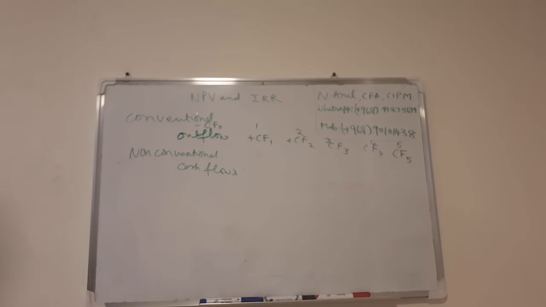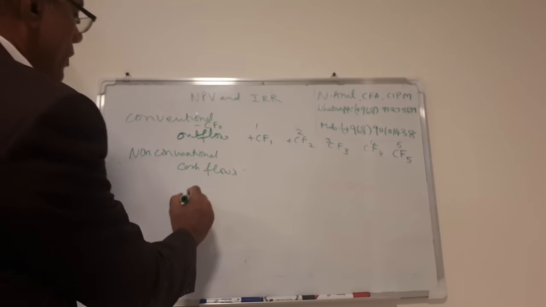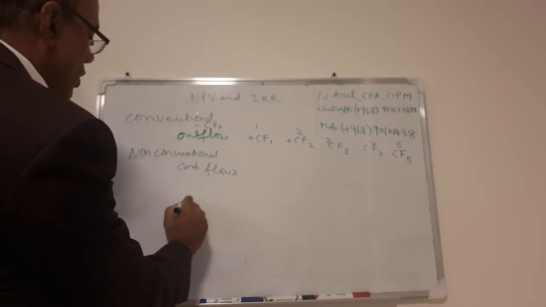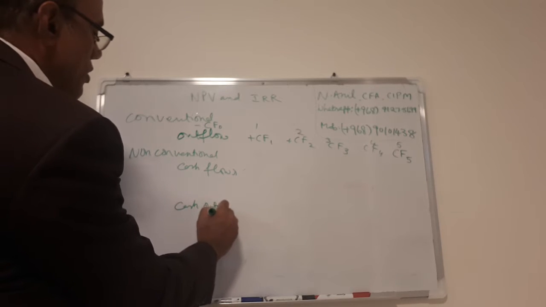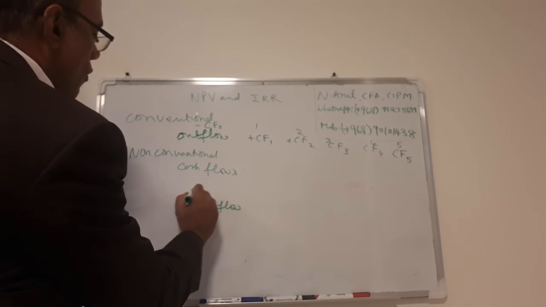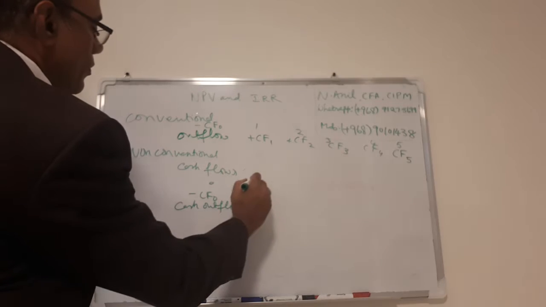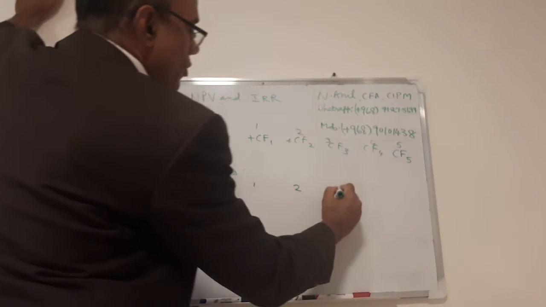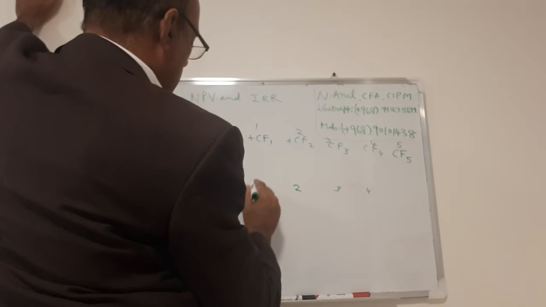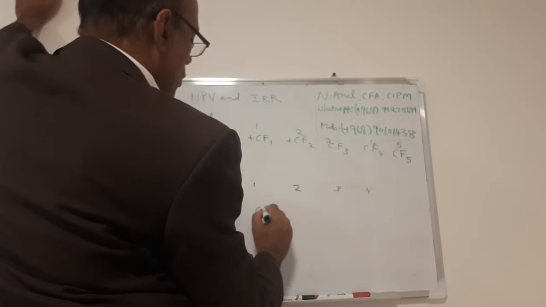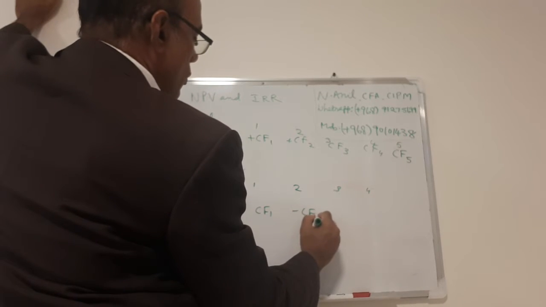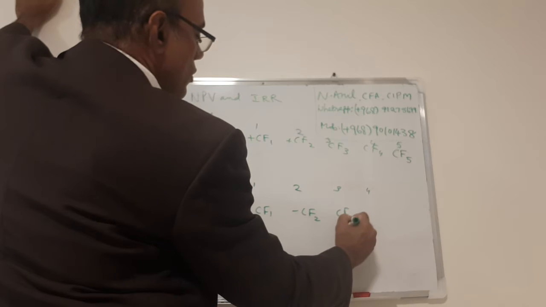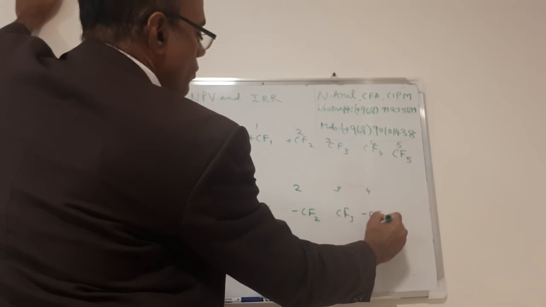On the other hand, you can also have an initial cash outflow, followed by a mix of inflows and outflows. For example, CF1 is positive, but CF2 is negative, and this is positive, and this is negative.